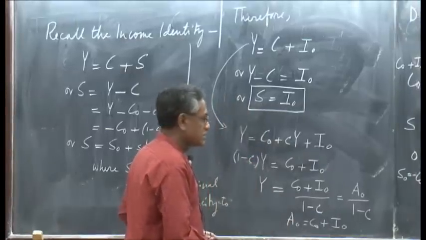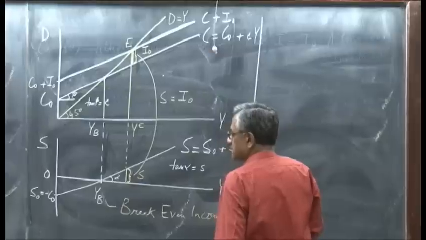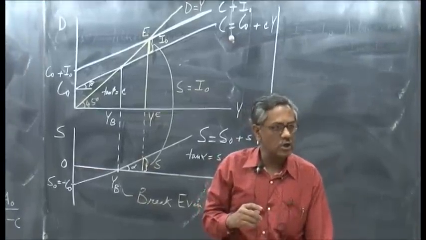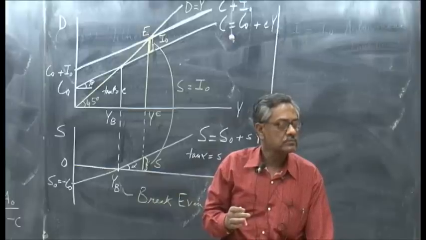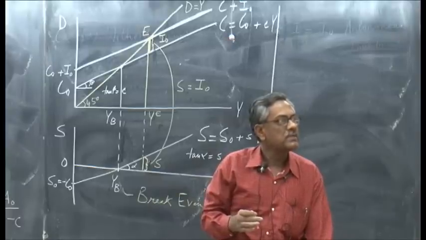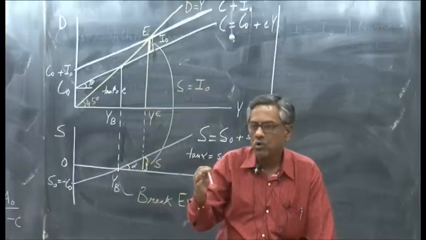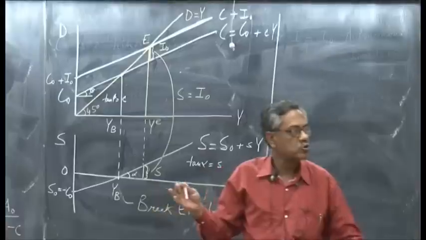All right? Now, suppose there is a shift in the autonomous variables, C naught, I naught, or both of them or one of them. Companies decided to invest more, buy more machines, expand their factories or whatever. They want to do that.